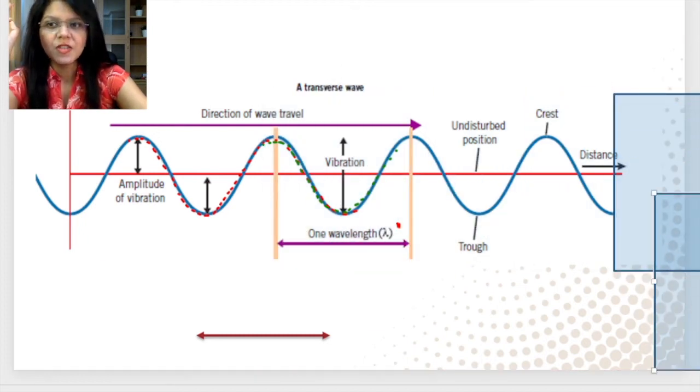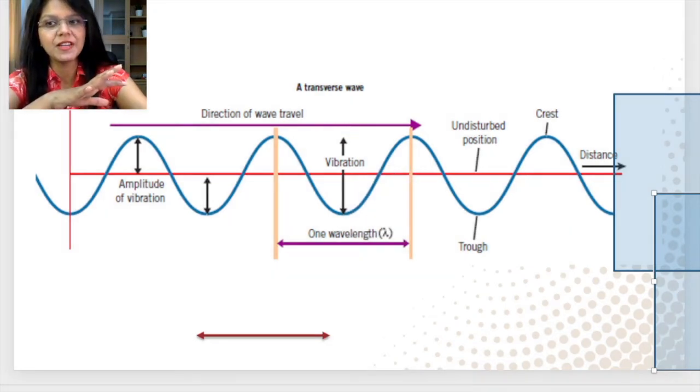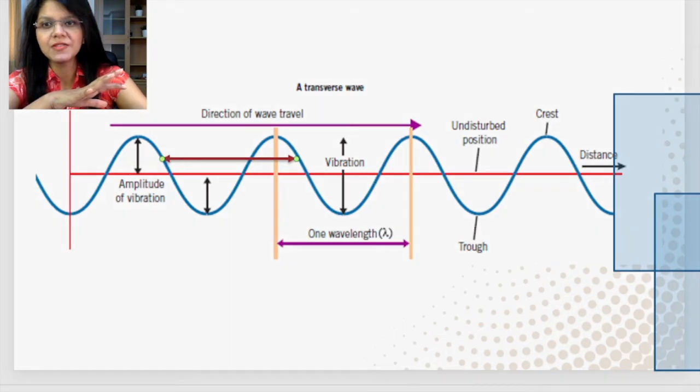So, one more small understanding of wavelength. Wavelength is not just the distance from crest to crest or trough to trough. Wavelength, you can also say, is the distance between two same points on the wave. So if you look at these two points, I am marking these two points. That's one point, another point. So that's your wave.